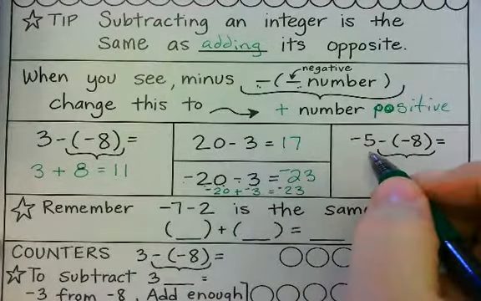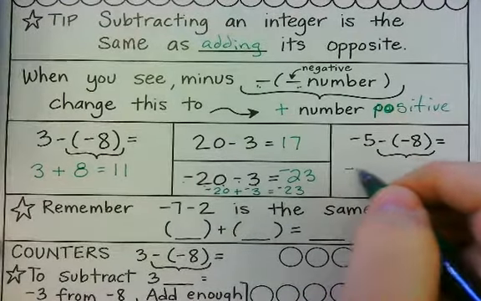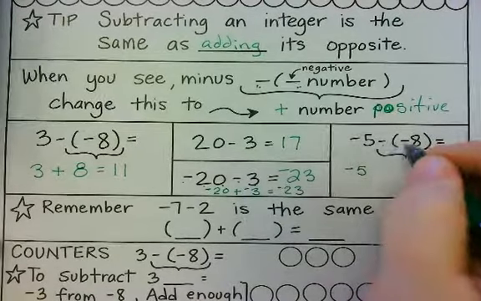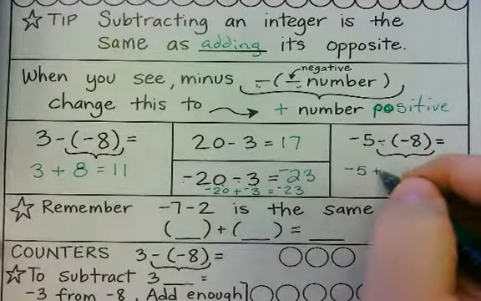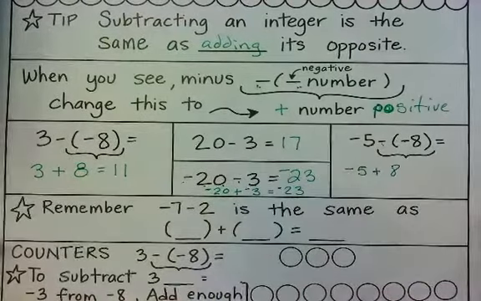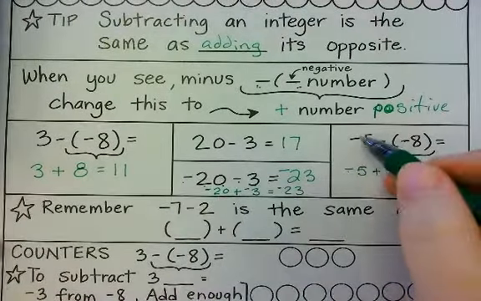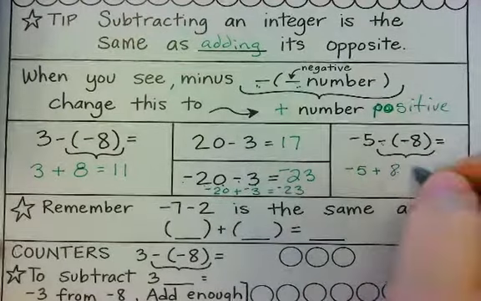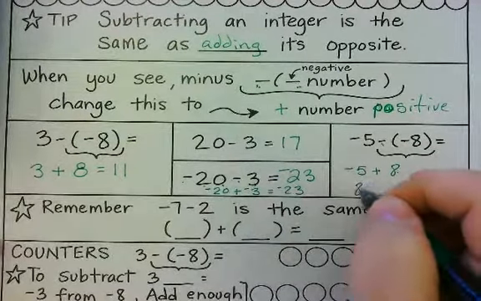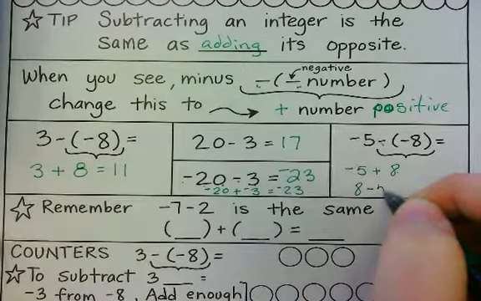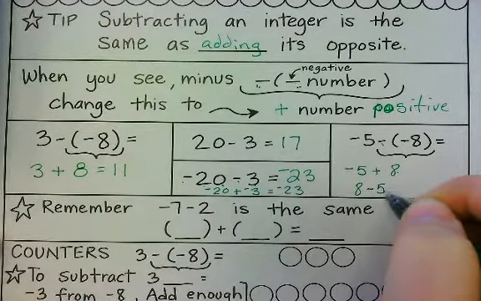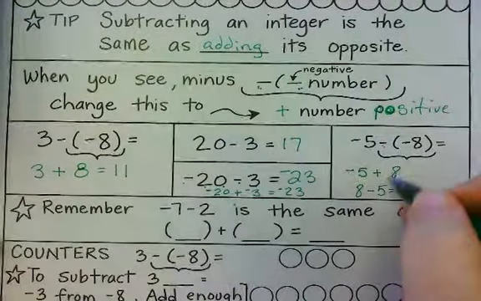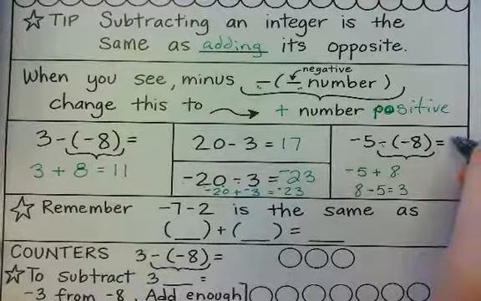And then lastly, we're going to do another one where we subtract from, so minus a negative, we're going to make it a positive, right? So now we have negative 5 plus 8, and as we talked about before, we can turn that around: the largest number minus the smaller number, and we keep the sign of the larger number.